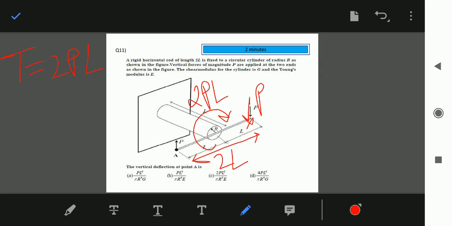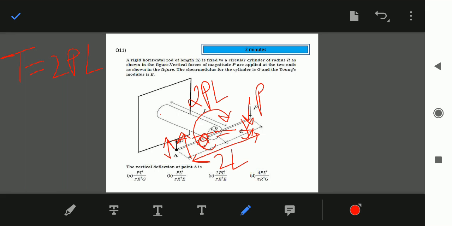Now we know that for that twisting moment T, some theta will be generated here. So the rod attached to that slender bar will go upward and this side will go downward, and this will be theta.